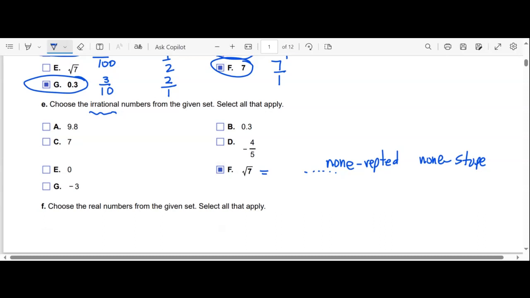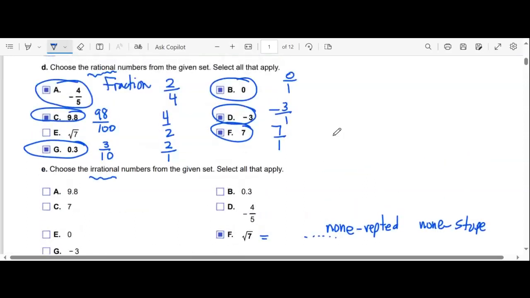Yes. So 1 over 3 is rational because it's repeated. Right, because we can put a dash on top of the 3 and say the 3 is repeated. So we call it rational. Is this clear? Yeah.